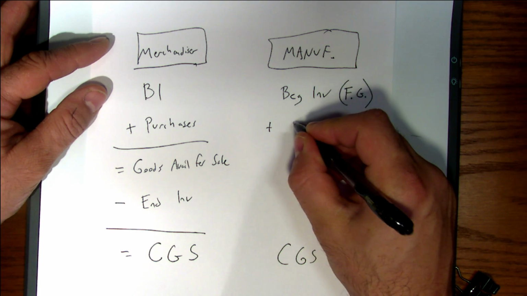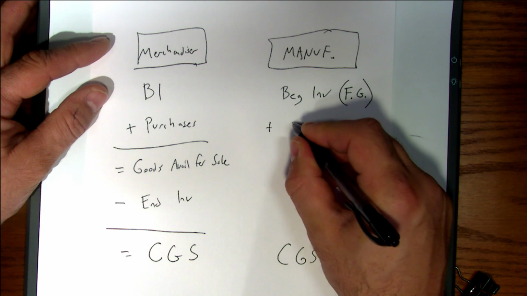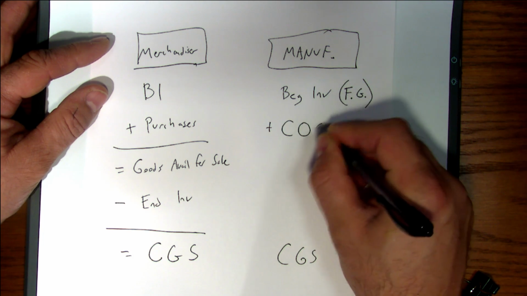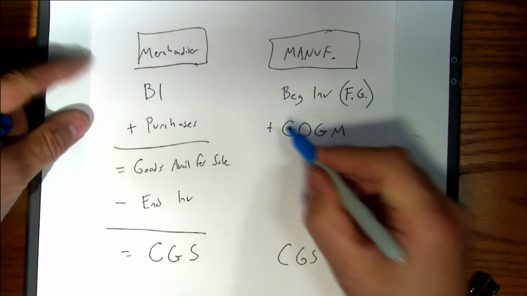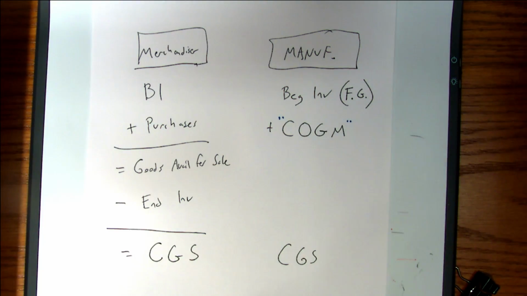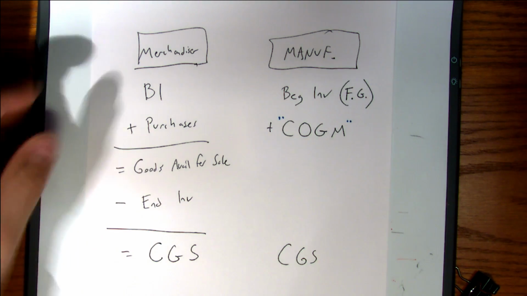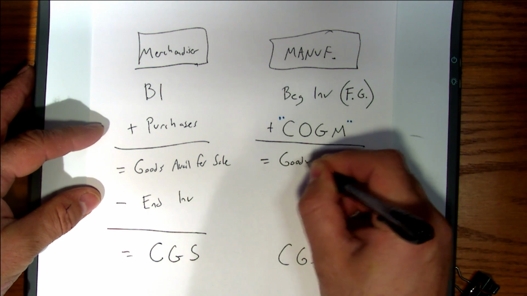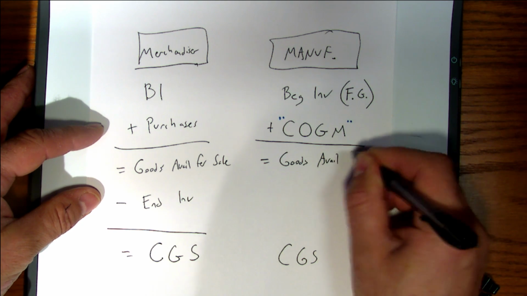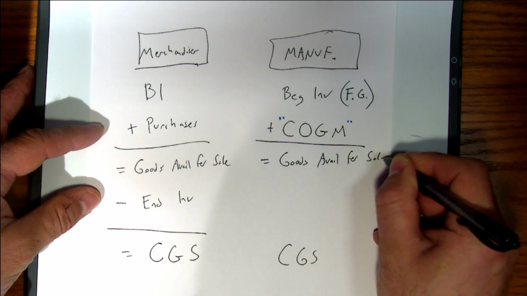So we are going to add something called, and I'm going to abbreviate here, cost of goods manufactured. This is a new term. Cost of goods manufactured, okay? And that equals goods available for sale.